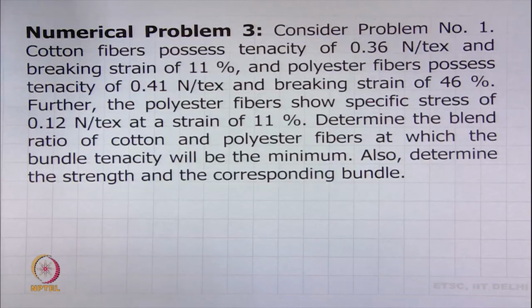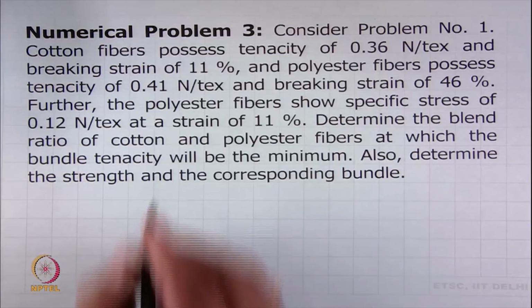Further, the polyester fiber shows a specific stress of 0.12 Newton per tex at a strain of 11%. Determine the blend ratio of cotton and polyester fibers at which the bundle's tenacity will be the minimum. Also determine the strength of the corresponding bundle.